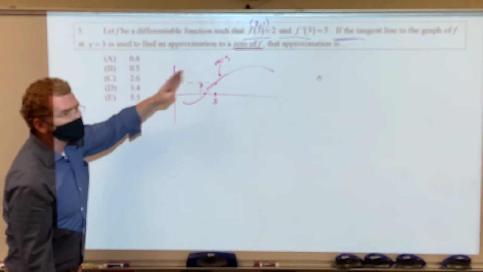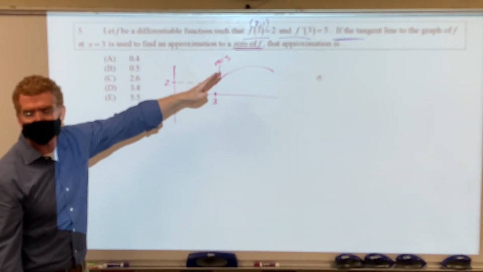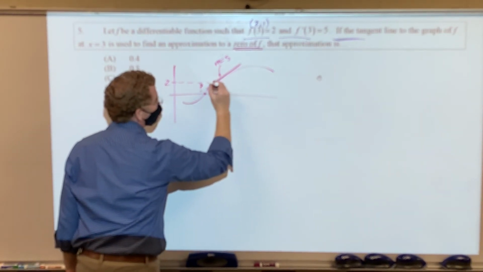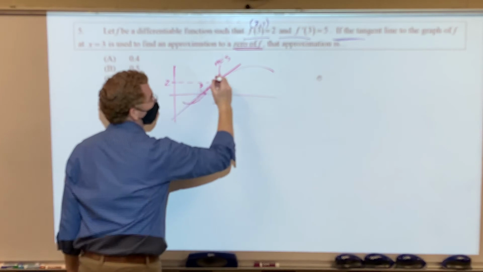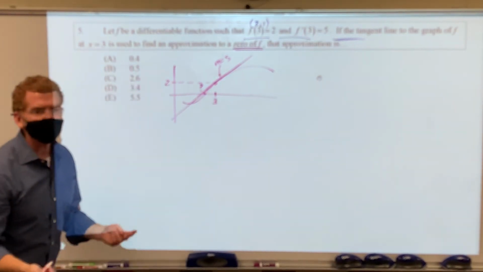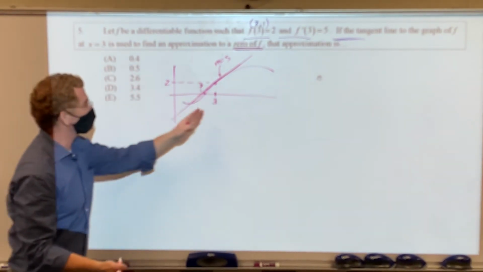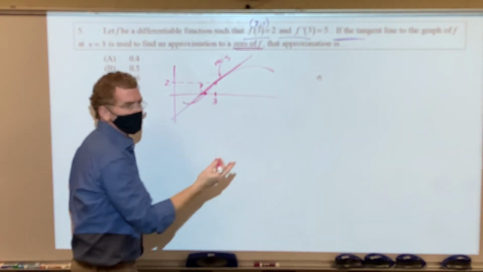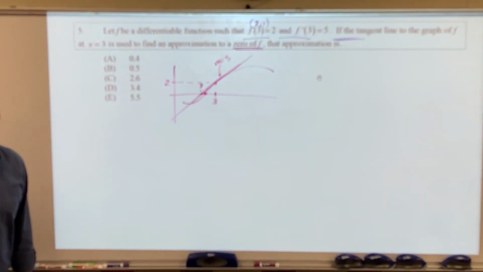So what I'm going to do is still use the tangent line, but this time the tangent line also is going to cross the x-axis, isn't it? And the idea here is, it may not cross right where the actual graph crosses, but it's going to cross close to where the graph crosses.